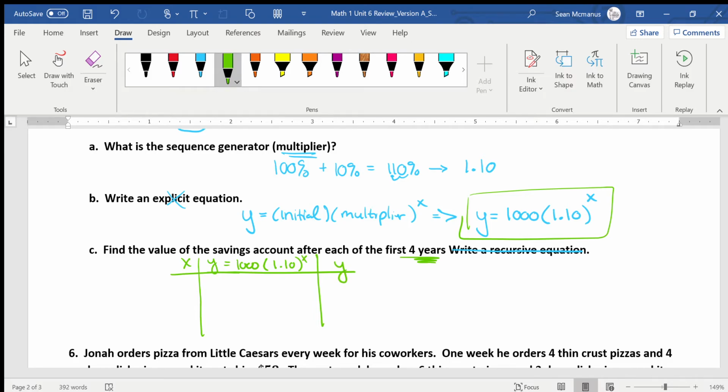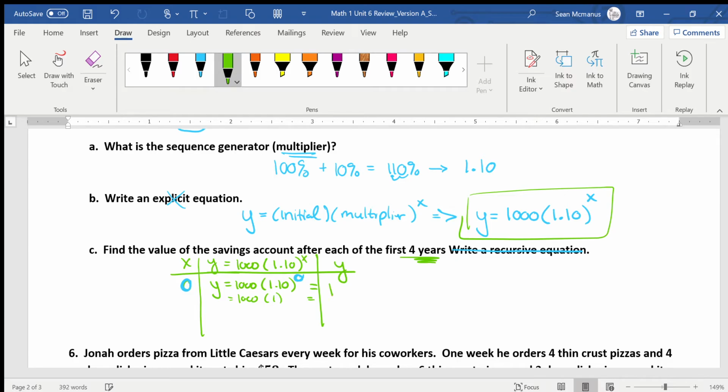So let's plug in a 0. When x is 0, I'm going to write my equation, y equals 1,000 times 1.10 to the x power. If x is 0, what am I going to get out? Well, anything to the 0 power is 1. So that would be 1,000 times 1.